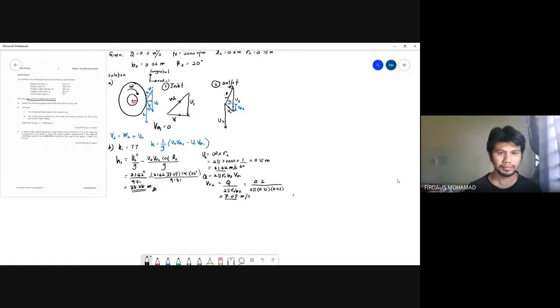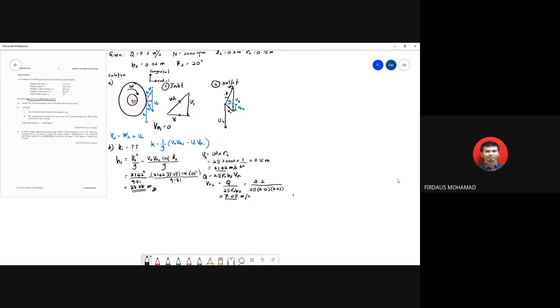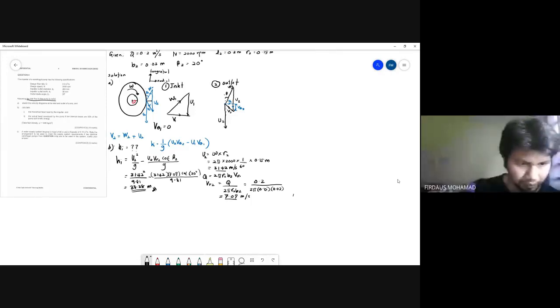Fix dapat 38.41. Okay, lebih kurang sama.